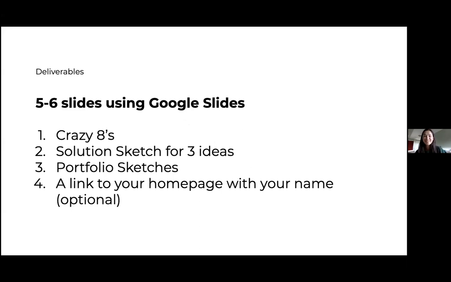It's really fast, so don't worry. Please don't feel overwhelmed looking at this. So we have Crazy Eights. We'll explain that to you in a workshop later. Today we'll have solution sketches for 3 ideas, which will also be explained, portfolio sketches, which Perrin will cover, and then a link to your homepage of your portfolio with your name, which is optional, but we encourage you to do that.